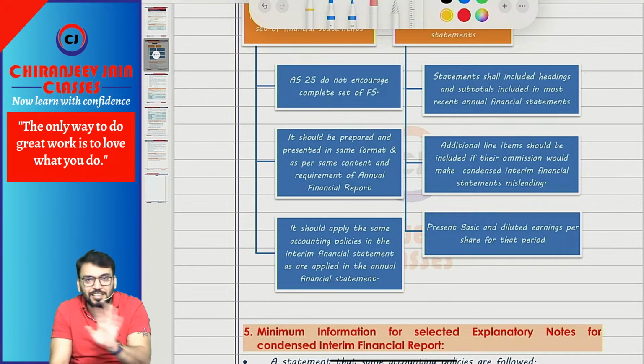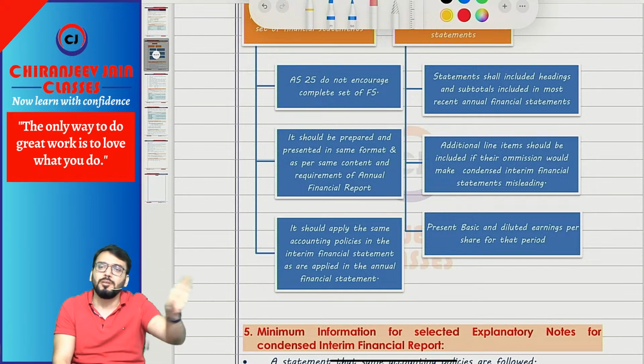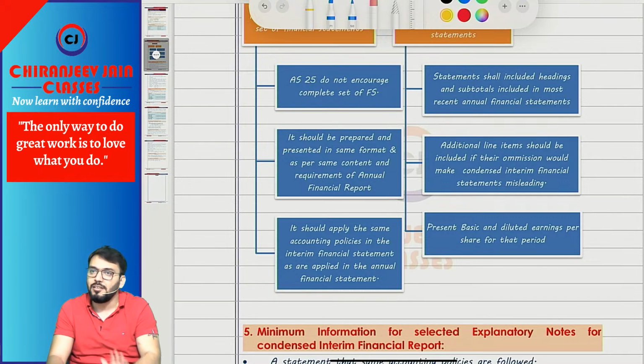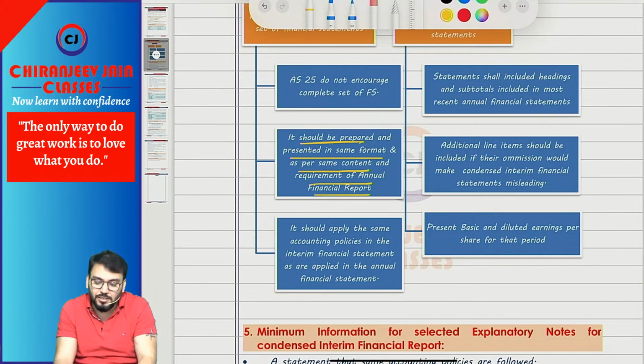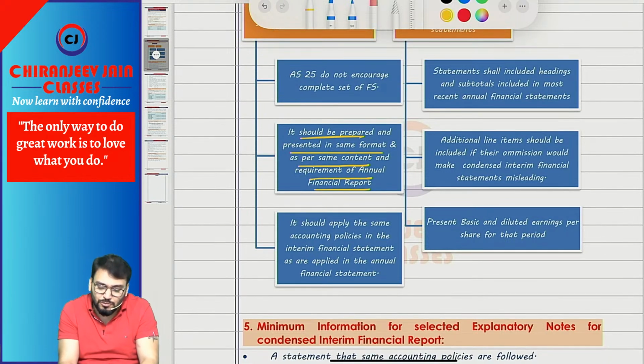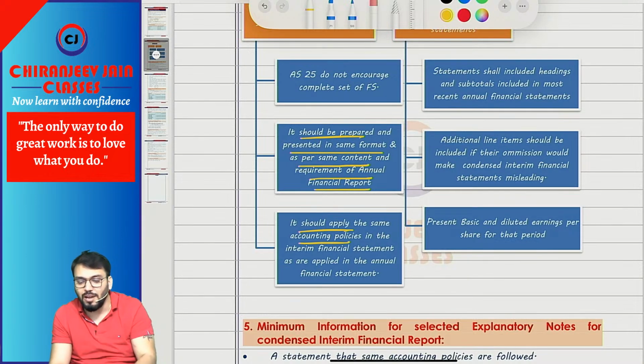Means you can't do any deletion or addition. It should be prepared and presented in the same format as the same content required for annual financial statement. And of course, we should apply the same accounting policy.